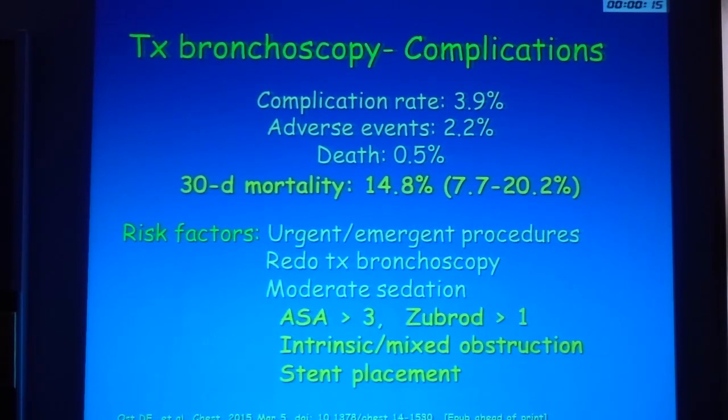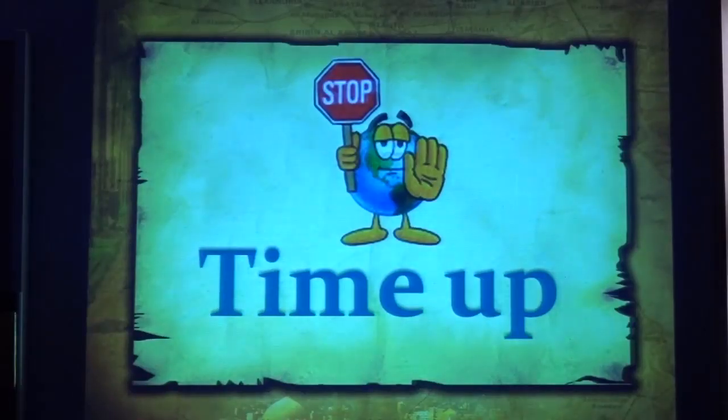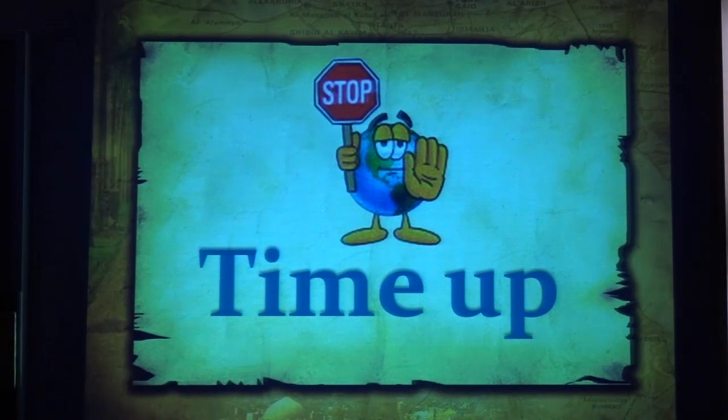And in general, the interventional pulmonary complication rate is only 4%. It's not too much. But look at the 30-day mortality, it's 15%. It's published in Chest, it's an important study.